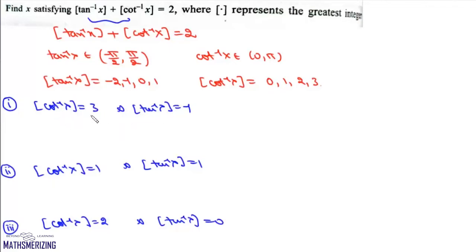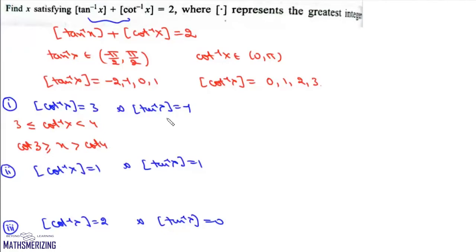Now cot inverse x equals 3 means the value of cot inverse should lie between 3 and 4. Now cot inverse is a decreasing function. So if we take cot, the sign will reverse, and we'll get cot 3 is greater than or equal to x is greater than cot 4.